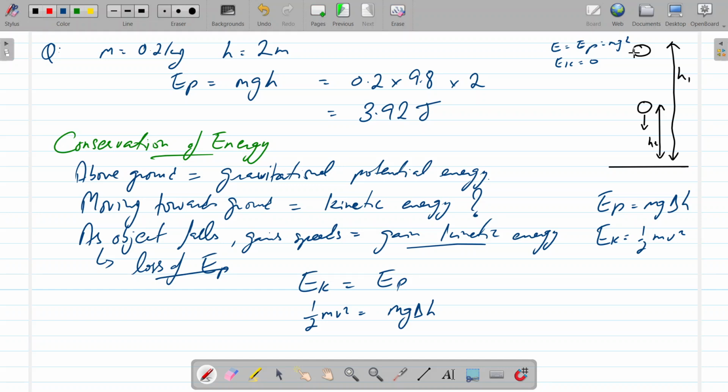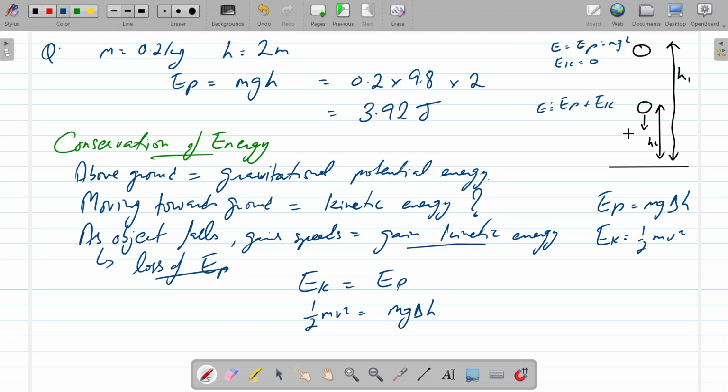And then at this point, it has both, so the energy equals the gravitational potential energy plus the kinetic energy, because it still has gravitational potential energy as it is still some distance above the ground, but it is also moving, so it also has kinetic energy.